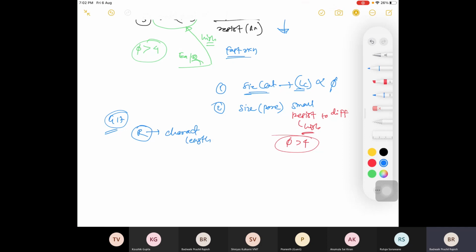Wait, I'll go there. So see, I'm doing this here. You solve this, then you solve this. These are easy.